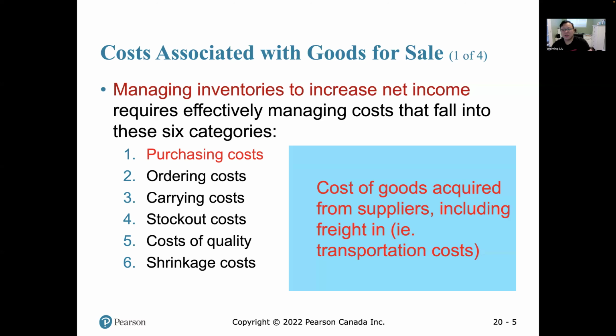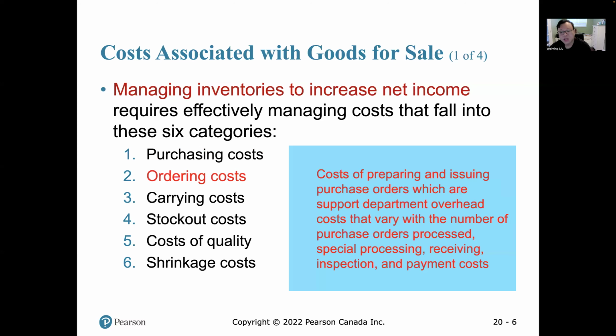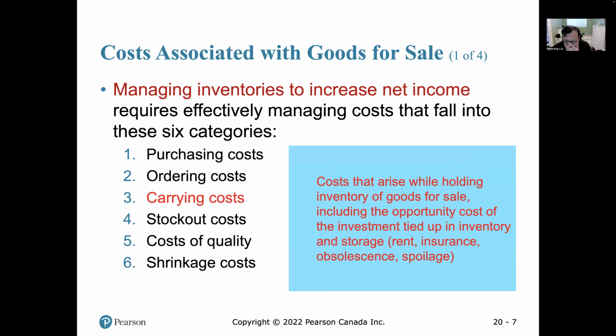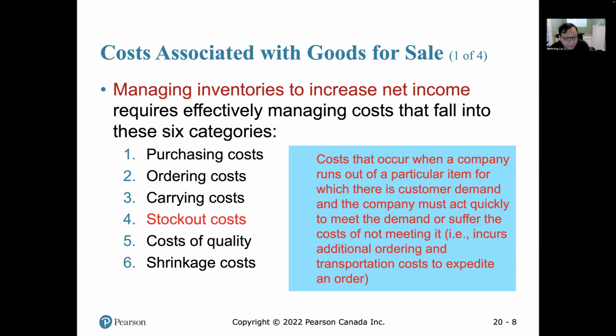Purchasing cost: the cost of goods acquired from suppliers, including freight-in cost and transportation cost. Ordering costs: preparing and issuing purchase orders. Carrying cost: holding inventory goods for sale. Stockout costs: incurred when the company runs out of particular items. The company must act quickly to meet the demand, otherwise it will suffer the cost of not meeting it.